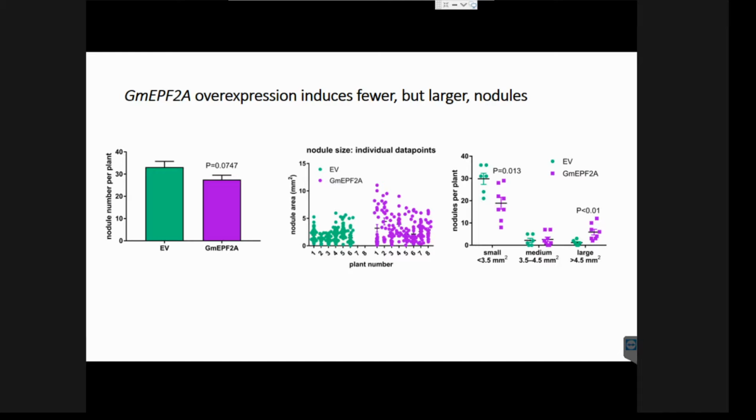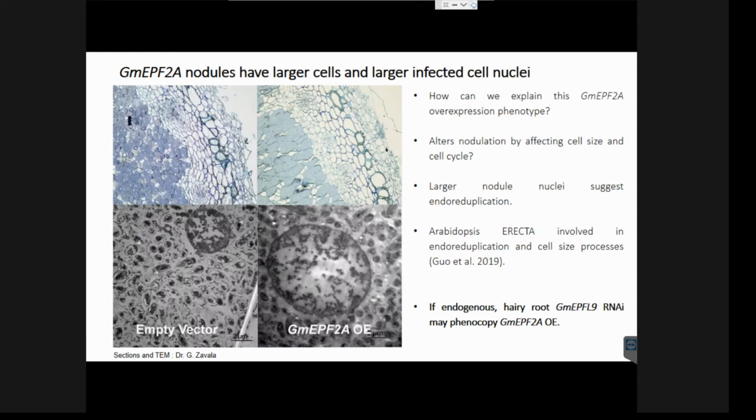So particularly if you have a greater than 4.5 millimeter area, you have a significant increase in the size of nodules per plant. This is strange, and we don't understand it yet.